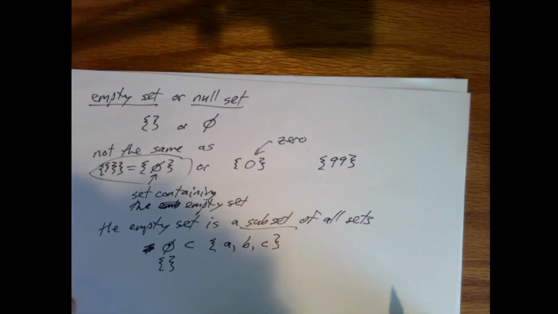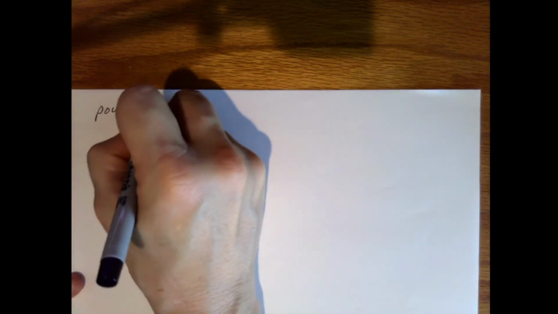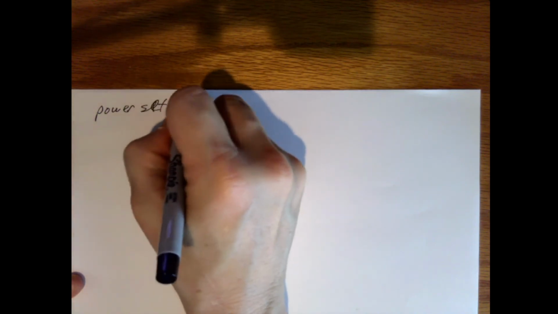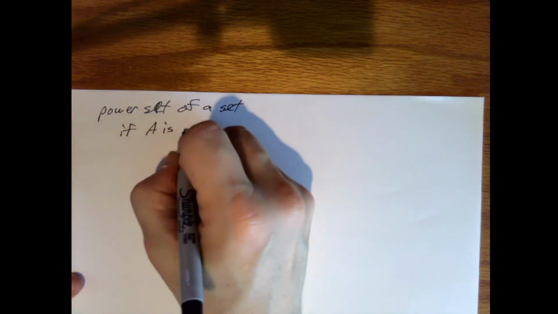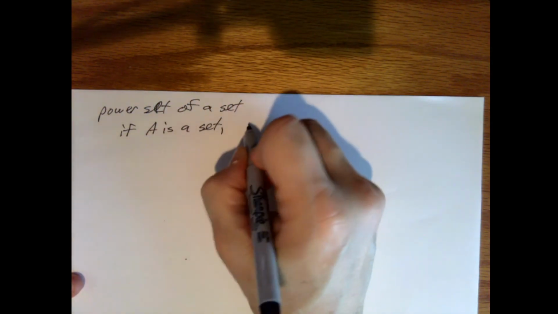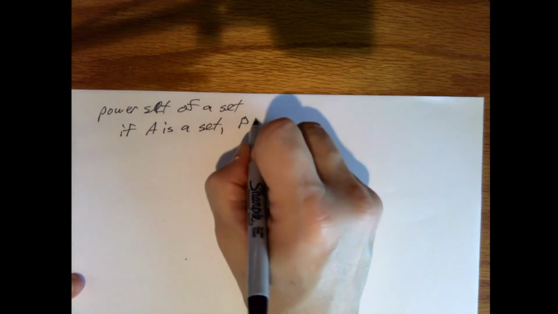Let's look at one last thing. And this is the power set of a set. So if A is a set, then there's probably different ways to write it, but this is one of the common ways.